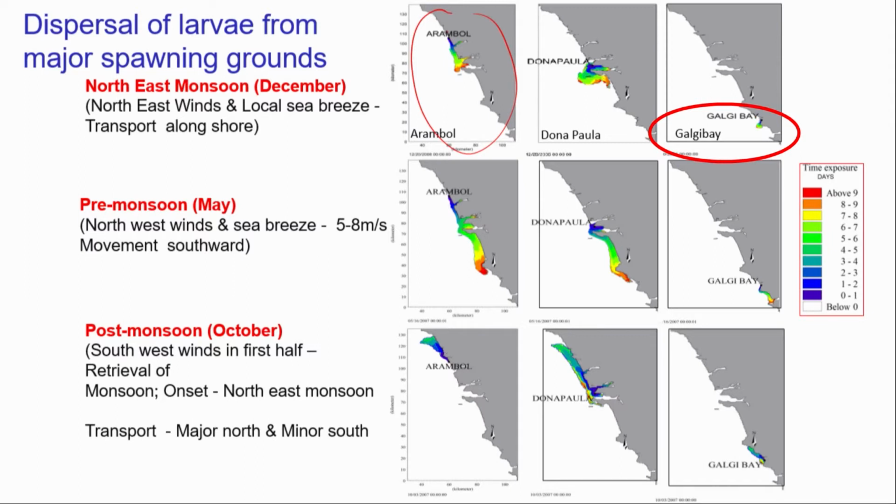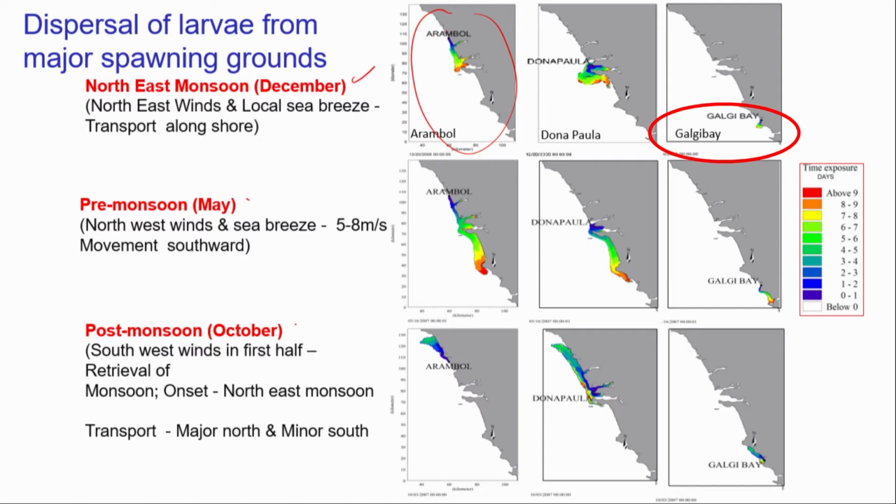These three places were taken as the spawning grounds. Spawning grounds are where adults are situated and release the larvae in the planktonic or pelagic environment. We took three different seasons, that is northeast, pre-monsoon, and post-monsoon, because the local winds or breeze acting during these seasons are entirely different.